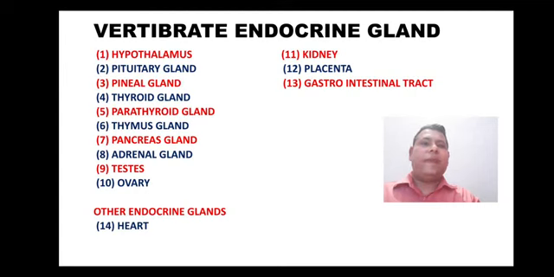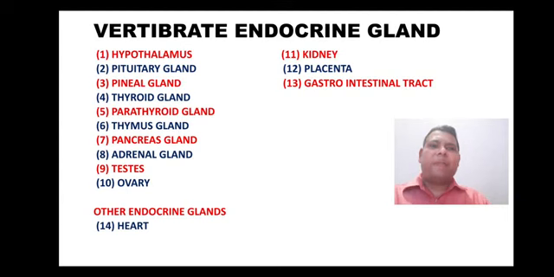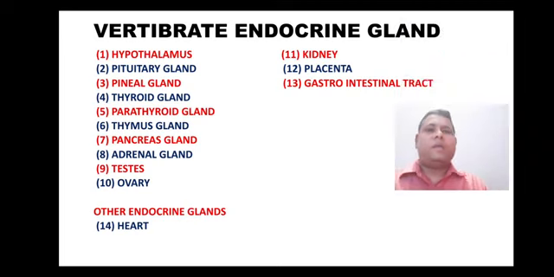Vertebrate endocrine glands. The different kinds of exocrine and endocrine glands found in the human body are: hypothalamus, 1, 2 pituitary gland, 3 pineal gland, 4 thyroid gland, 5 parathyroid gland, 6 thymus gland, 7 pancreas, 8 adrenal glands, 9 testes, 10 ovary.